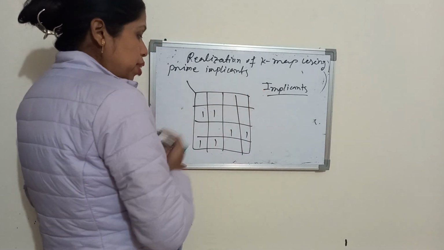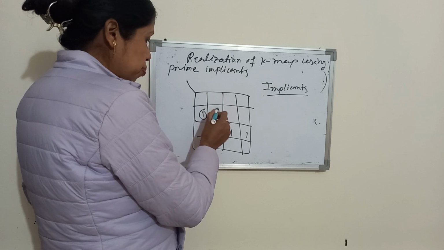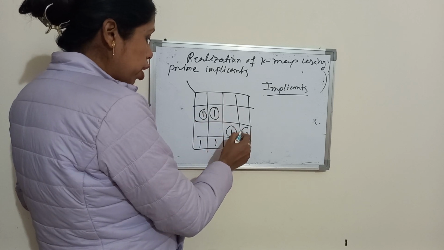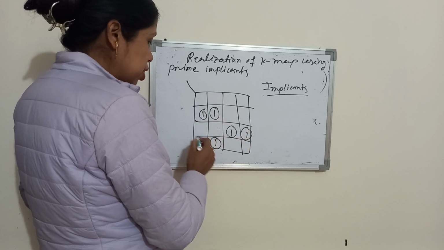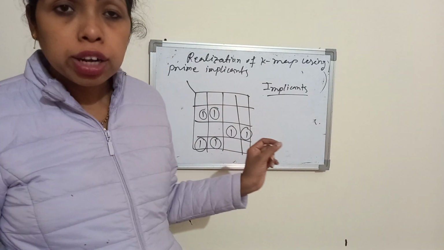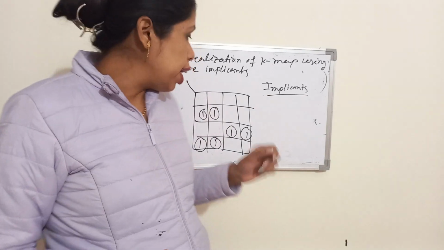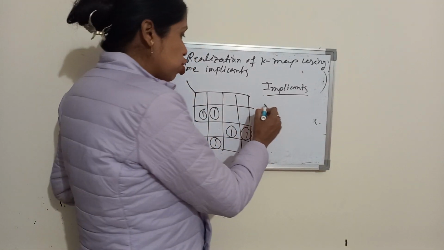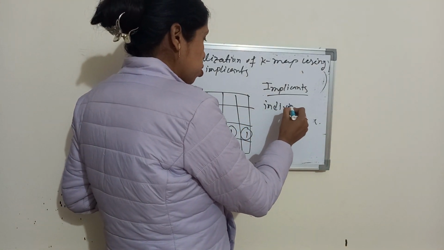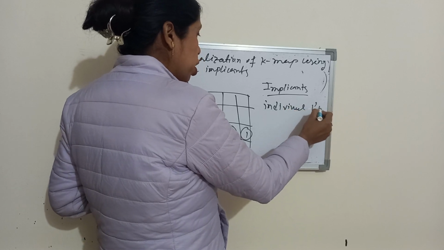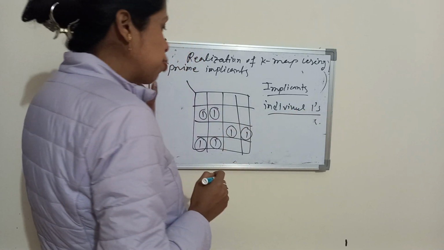Now what is the implicant? Every individual one present in the Karnaugh map signifies an implicant.